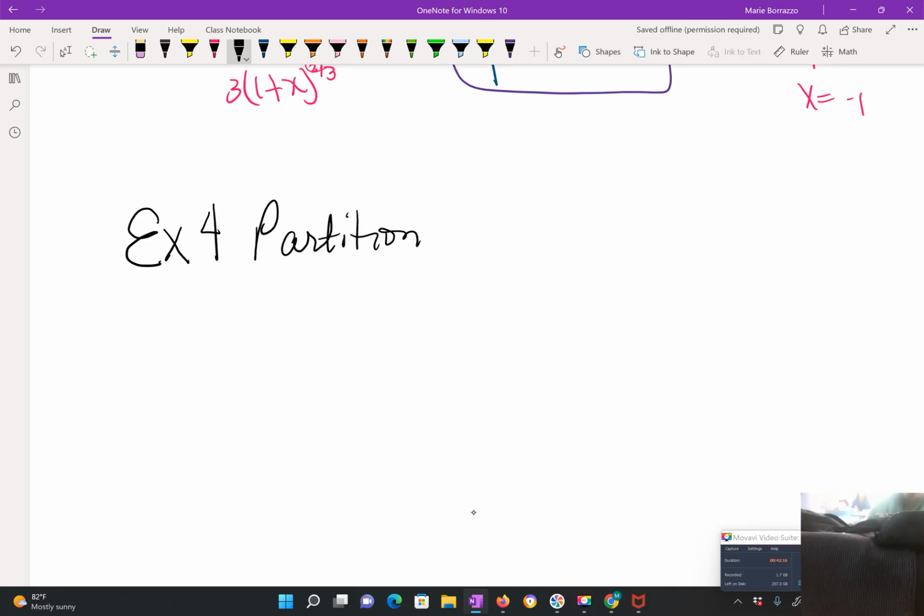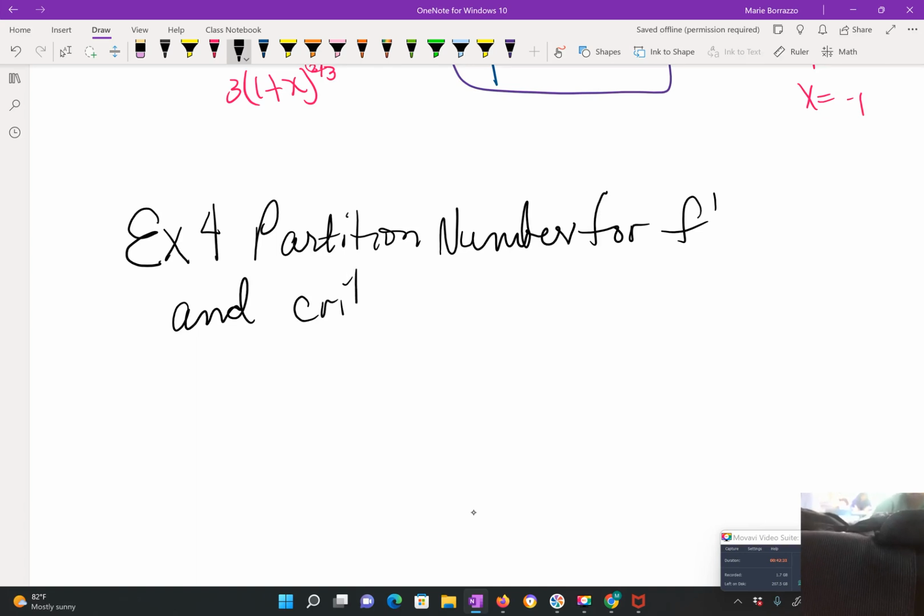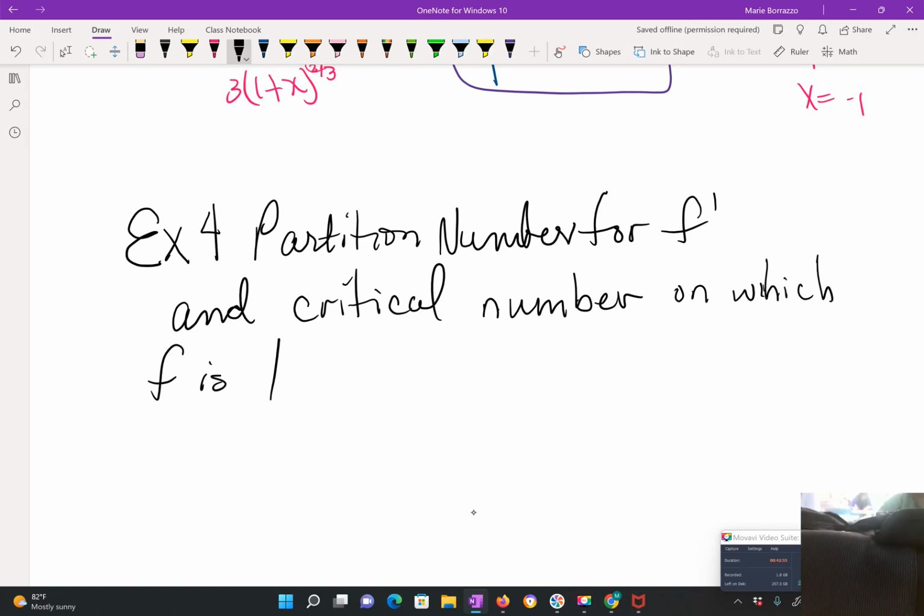Partition number for the first derivative, and the critical number on which f is increasing or decreasing. Can I just put arrows? Increasing or decreasing?